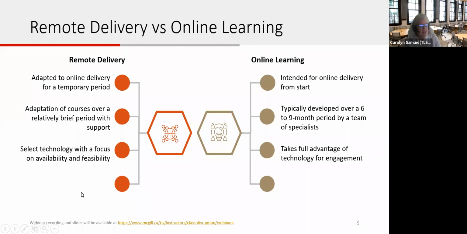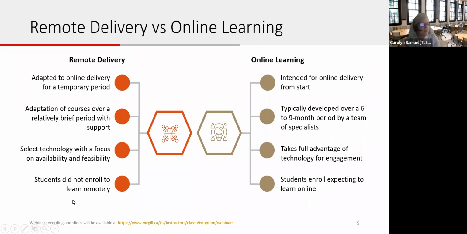We're going to select technology with a focus on availability and feasibility. So McGill has a number of tools that are really, really good for supporting remote delivery. That's what we're going to be working with. Online learning might go beyond myCourses and Zoom and some other tools that McGill might have to find resources that will allow for maybe enhanced learning, but with different technologies that fall into this 6 to 9 month design period.